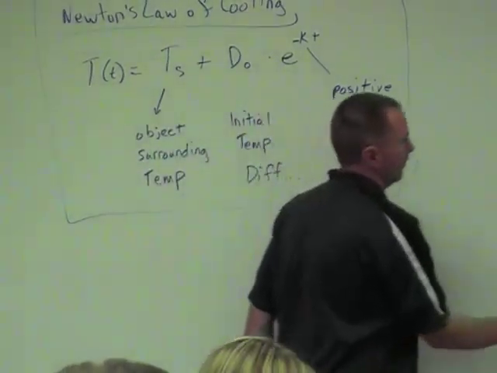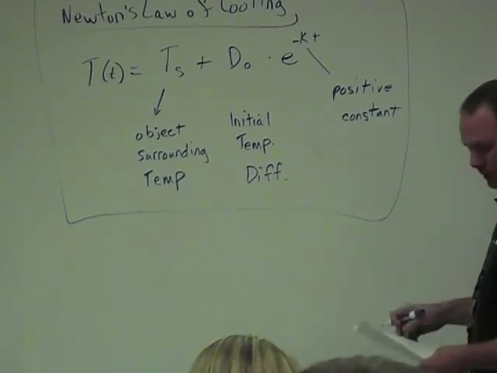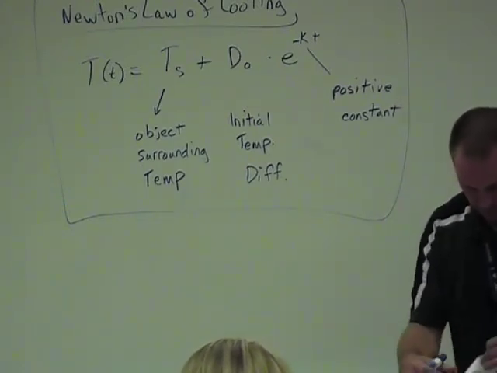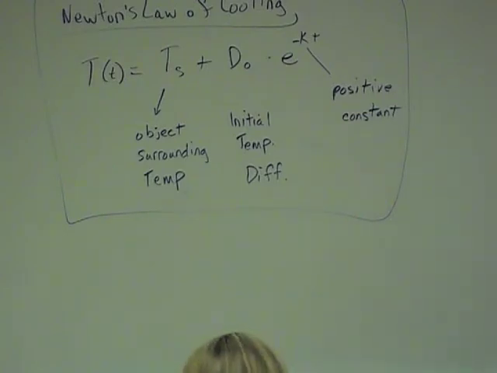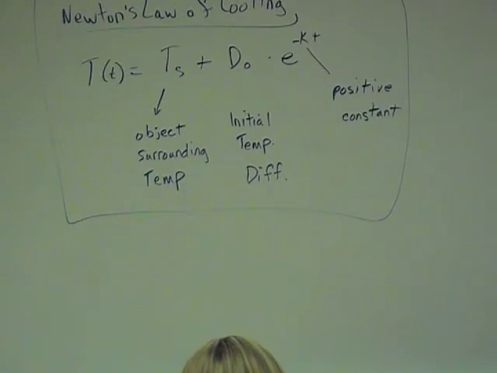Let's do a problem. Let's do number 26. Now the time of death is what we're looking at here. Newton's law of cooling is used in homicide investigations to determine the time of death.